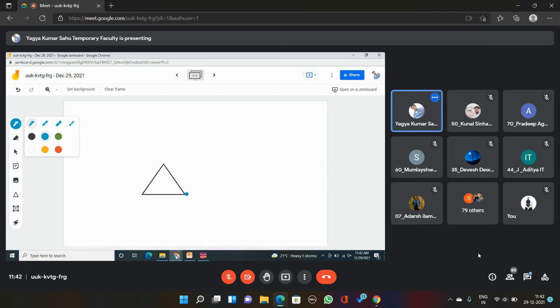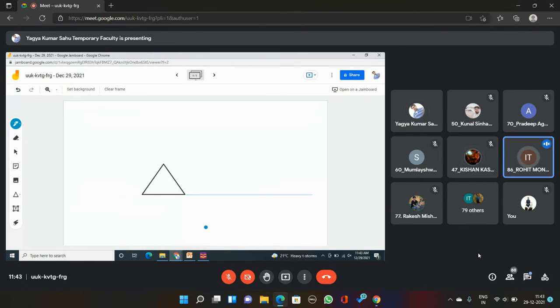The perimeter of an equilateral triangle will be 3a. Now divide this perimeter into how many equal divisions?